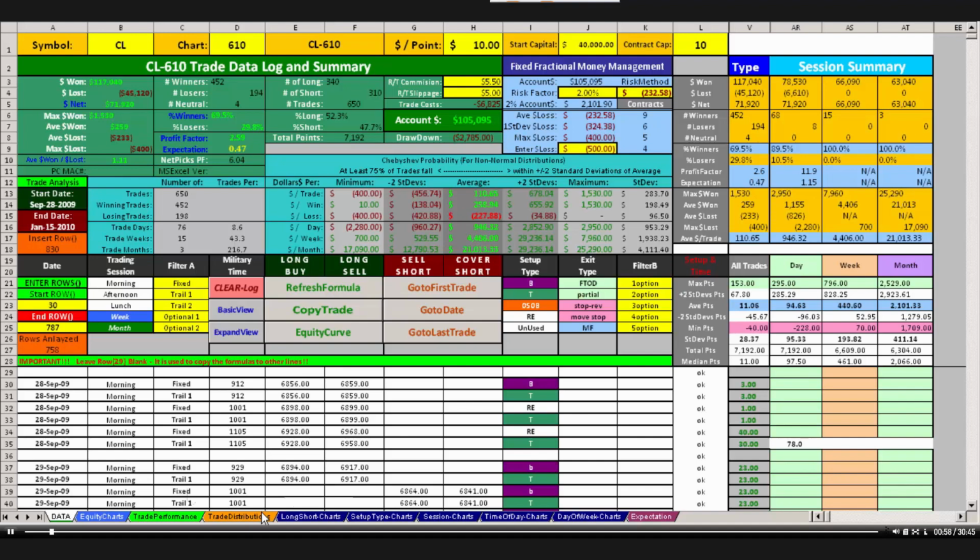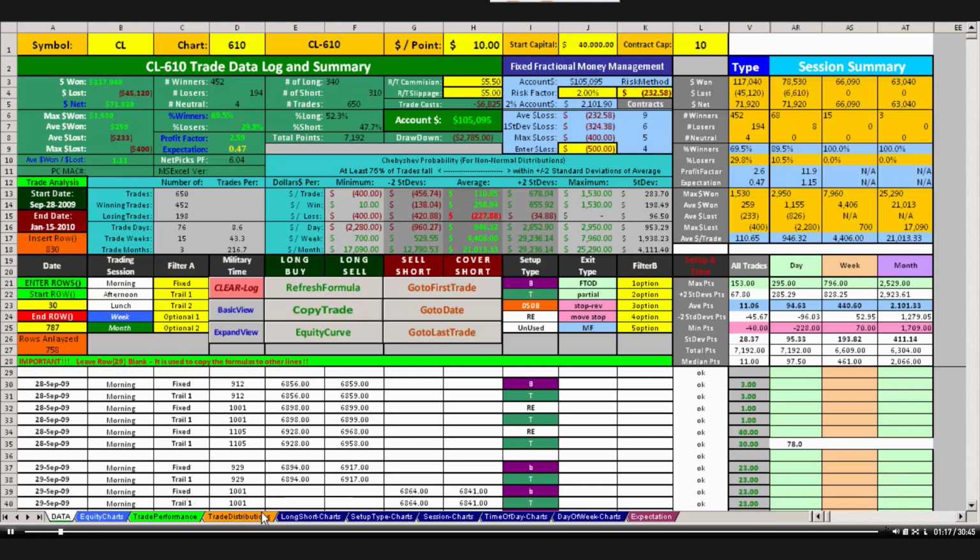A lot of them think that just because they have some winners and some losers, they have a random distribution that's going to look like a bell curve, or what we call a normal or Gaussian distribution. But it's interesting, not all trade plans will give you a normal distribution.